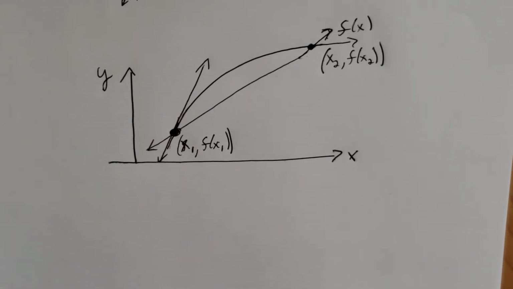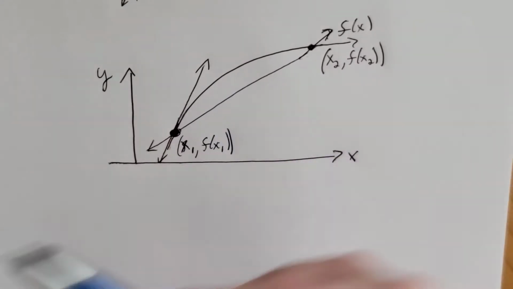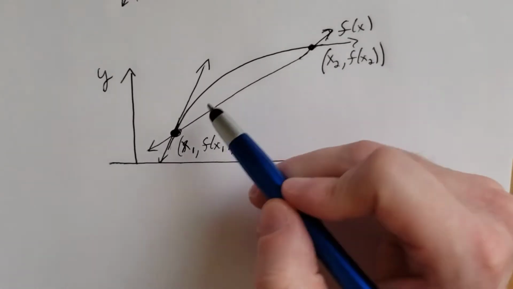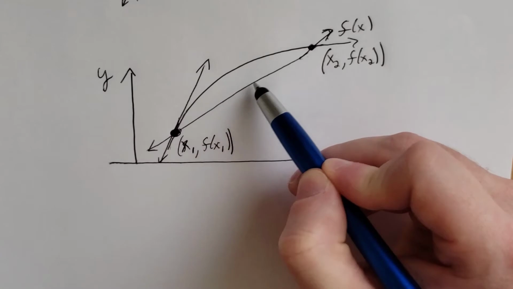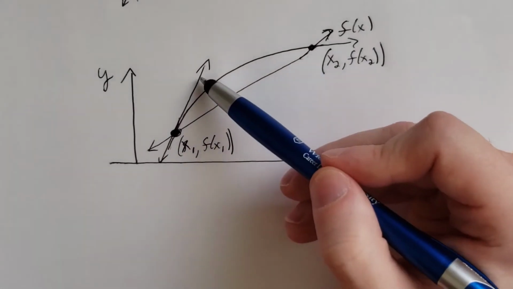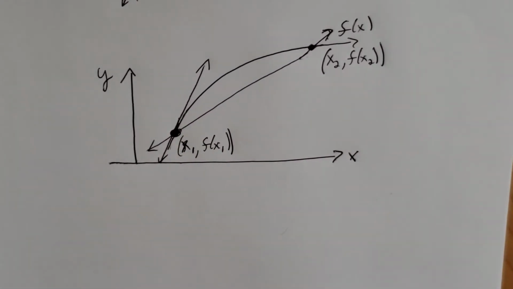Well, to find the slope of a line, we need to know 2 points generally. Unfortunately for this tangent line, we only know that single point. So how do we find the slope of this tangent line? Well, we draw out our secant line here, one example of a secant line, and we can find the slope of this secant line. Unfortunately, it's not very close to the slope of this tangent line, so that seemingly doesn't help us at the beginning.